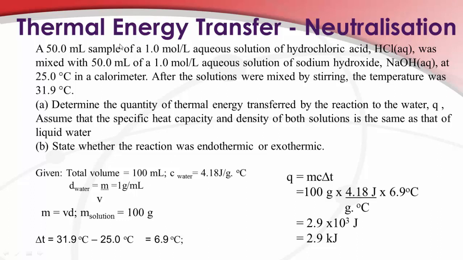So in this case, we have a 50 gram sample of 1 molar hydrochloric acid and 50 mL of 1 molar sodium hydroxide. And we mix them together, and the temperature moves from 25 degrees C to 31.9 degrees C.